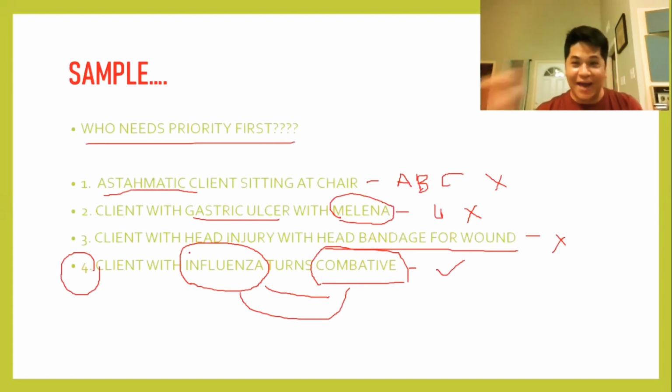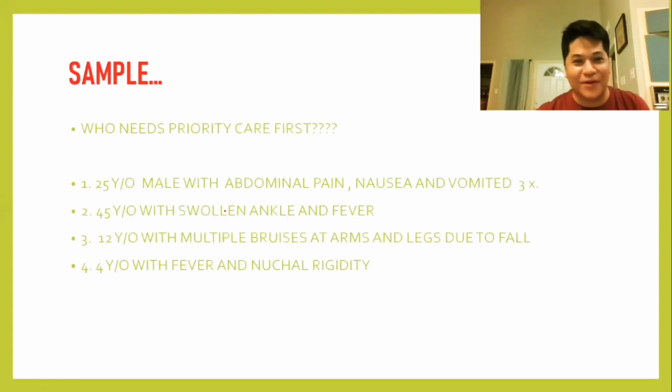Okay, you got it? Next, there will be another sample. Who needs priority care first? A 25-year-old male, this one had an age, with abdominal pain, nausea, and vomited 3 times. There's no diagnosis yet, but there are symptoms here: abdominal pain, nausea, and vomiting. So do you think this is a priority?